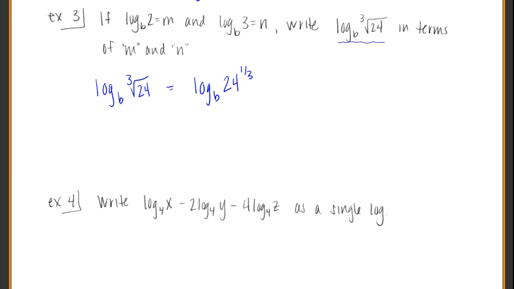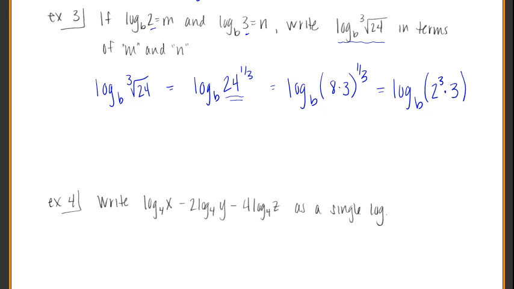From there, I need to write 24 as products of 2 and 3, because that's what we know. 8 times 3 would be 24, so instead of 24 to the 1/3, it's going to be 8 times 3, all to the 1/3. And to get it in terms of just 2 and 3, 8 is 2 cubed, so it's 2 cubed times 3, all to the 1/3 power.